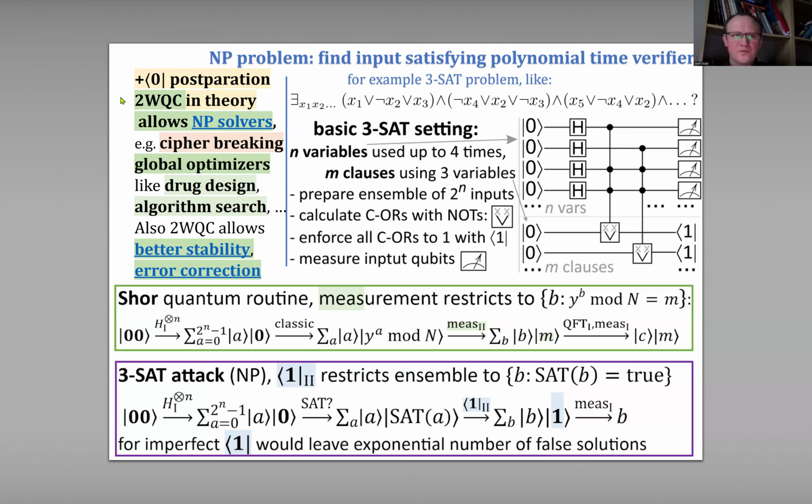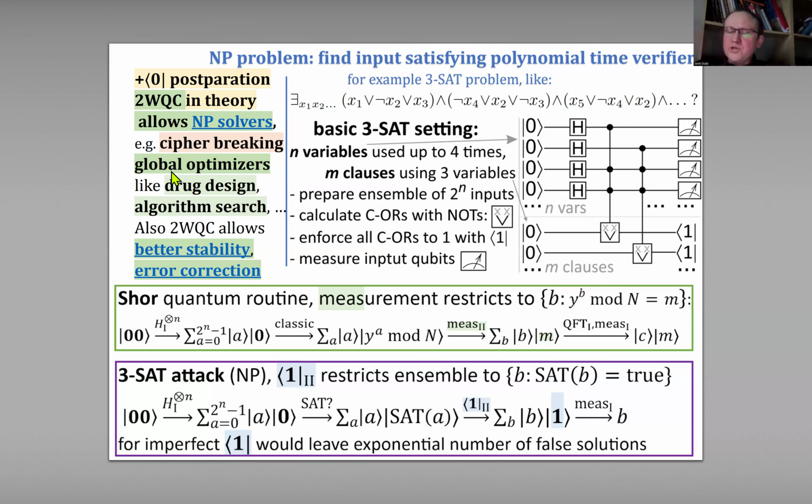So the verifier for cipher breaking would be, for example, decrypting some beginning of the file with this key: do we get noise or something with smaller entropy? It would be this kind of verifier: trying to decrypt the beginning, check the entropy, and if it's lower, then it's okay. If it's high, then it's wrong. So in theory, many ciphers could be endangered if we get these two-way quantum computers. But there is also positive news. So, global optimizer.